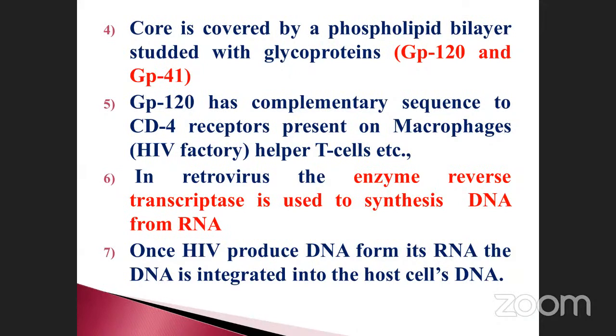Both genetic materials are united together. The viral DNA completely controls the host DNA. So it produces new genes that are virus oriented only. That is the process.